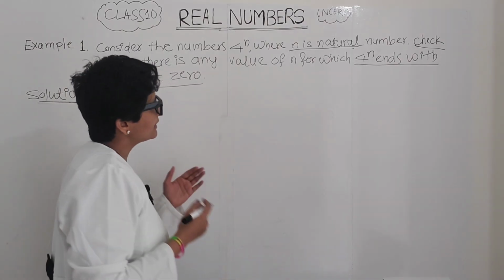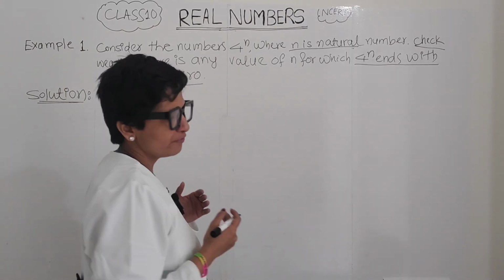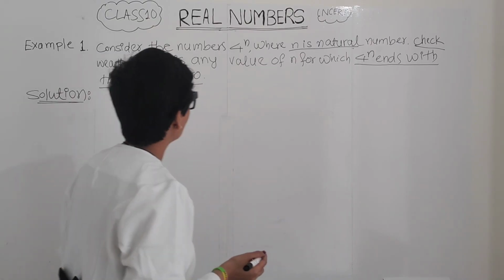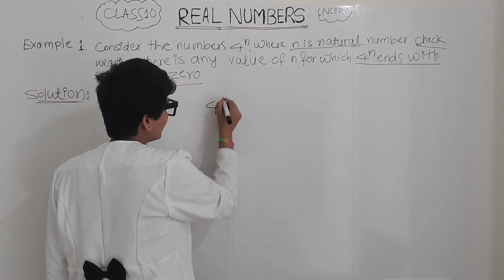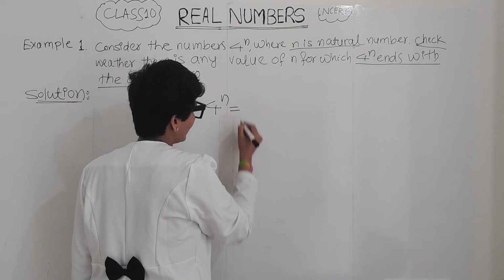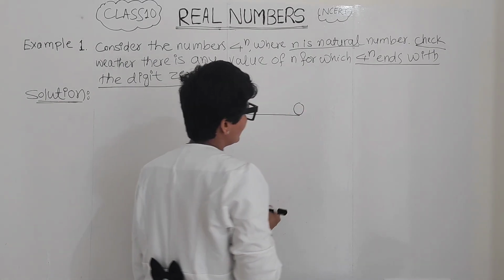It seems a little descriptive, but it's a very simple example. We have to check whether 4 to the power n ends with 0.